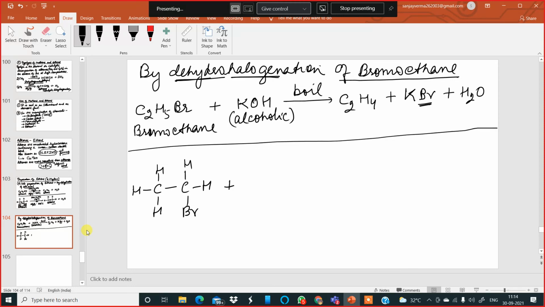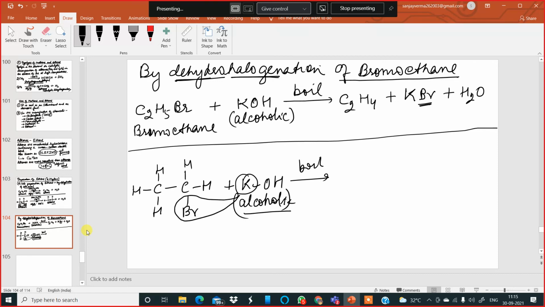So when I react with potassium hydroxide, KOH, it has to be alcoholic. Remember, it is important, alcoholic medium, and boil it. So what is going to happen over here? The potassium is going to remove this Br, and this OH is going to combine with this H to form water.